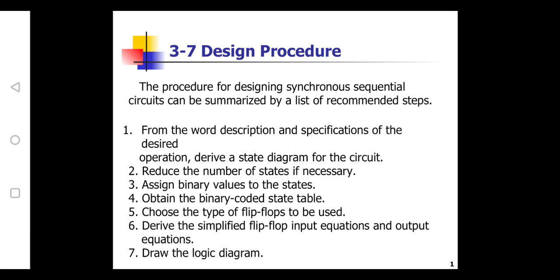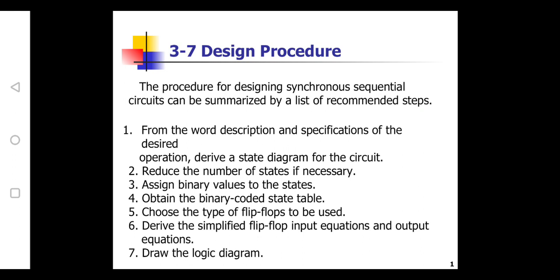After drawing the state diagram, if there are two states having the same inputs as well as the same next states, then those two states are said to be equivalent states.